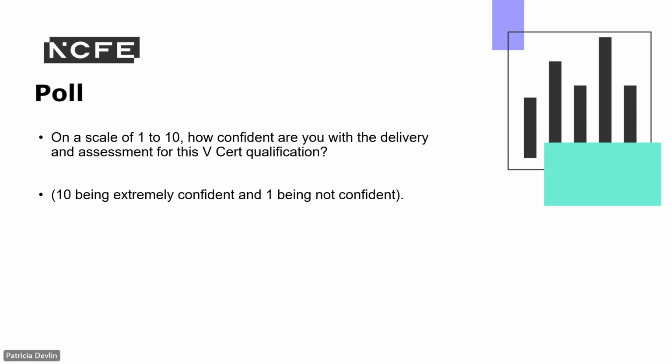So before we begin, we're going to start with a starter activity. We're going to do a quick poll on how confident you feel now with the delivery, assessment and quality assurance of this Cert qualification, with 1 being no to little confidence and 10 being very confident. That should come up on your screen now.